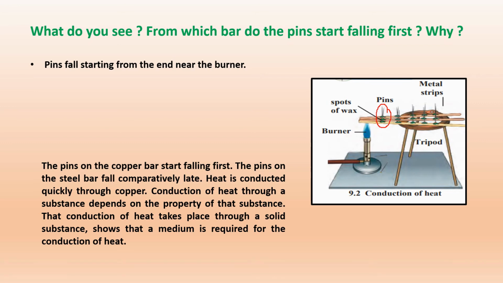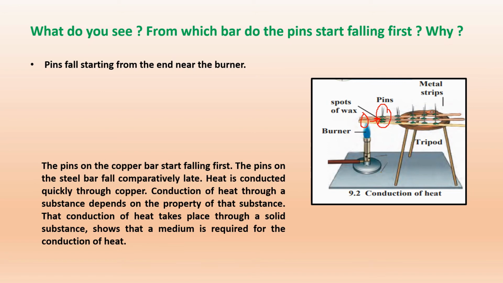Because they are closer to that part of the bar which is being heated, and later on other pins will fall. So this part will first get heated and slowly the heat will be transferred to the rest of the bar. That means pins close to the burner fall first and then the later pins will fall.